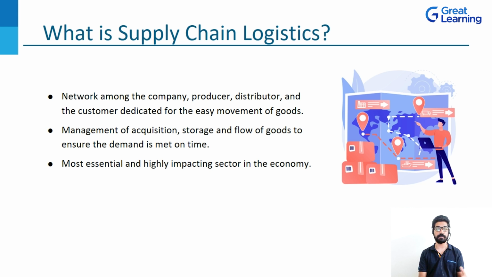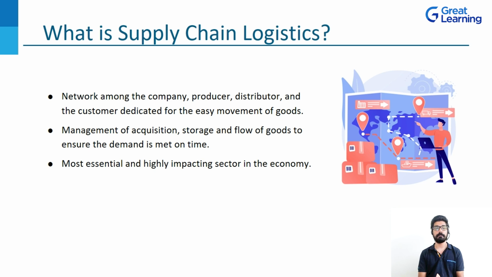If it is asked for at one location, how can it be transferred from the original location where it is produced or manufactured to the location where it is required? It functions as a network among the companies, producers, and distributors, to the customers who require the products. That is how supply chain logistics functions. So it's actually a network.